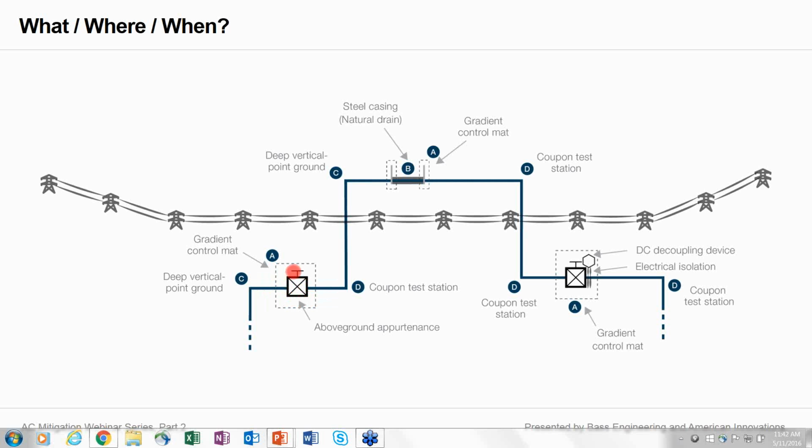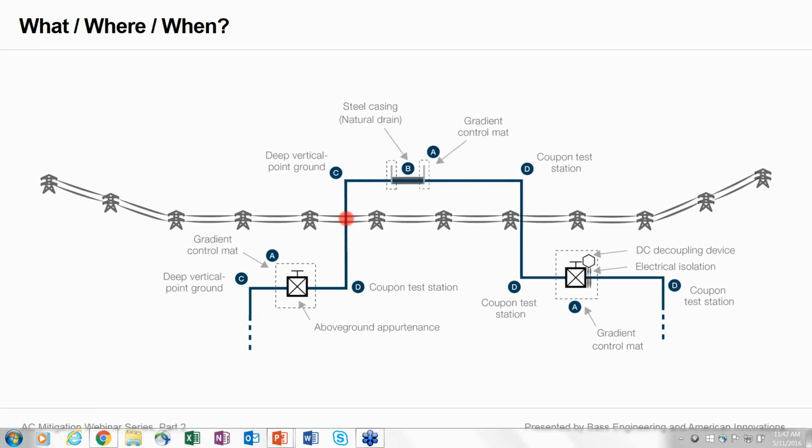So we'll be using a gradient control mat there. We have another PI here at location D. In this case, the design has called for a coupon test station. Again, we're expecting a voltage peak there. So with that peak in voltage, we would expect to see a peak in AC current density as well. And so we want to monitor that.